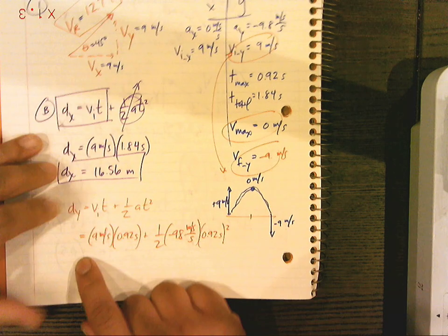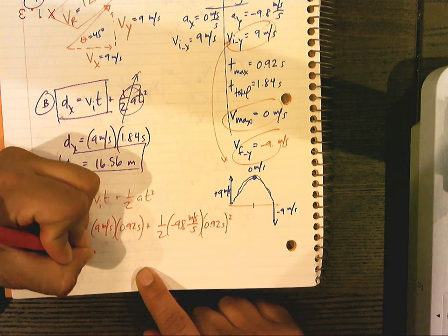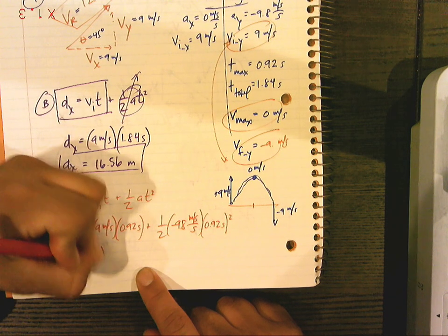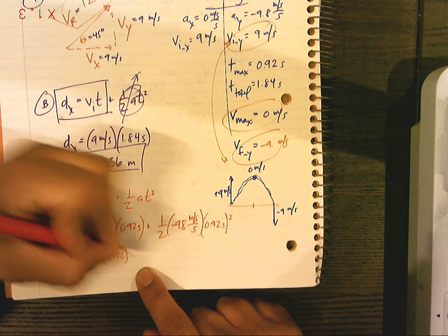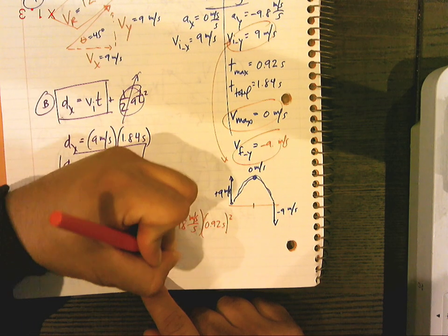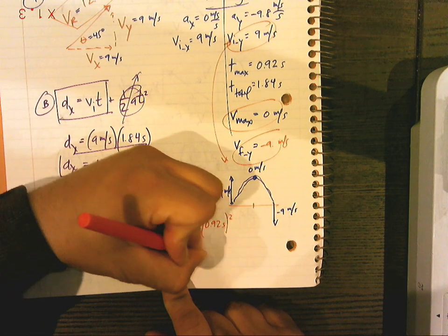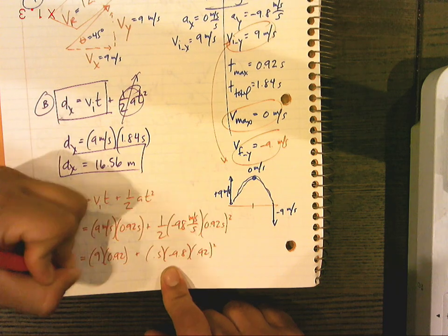I substitute with units, so I'm just dropping units out. It's going to be 9 times 0.92 plus 0.5 times a negative 9.8 times 0.92 squared. Let me show you how I plug this into my calculator.